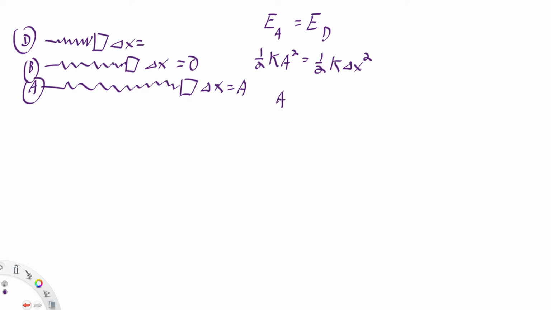But that quickly just leaves us with A squared equals delta x squared, which means that either delta x is A, in which case points A and D are the same, which kind of ruins our analysis, or delta x is negative A. Everyone with me so far?